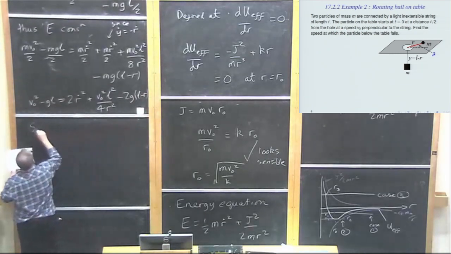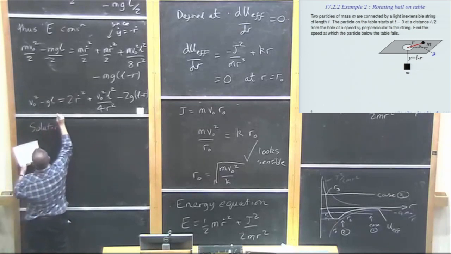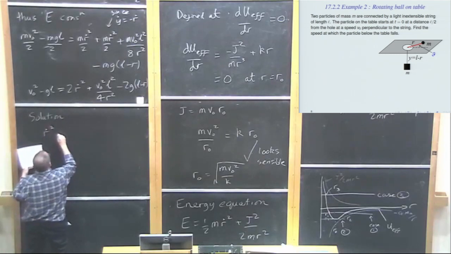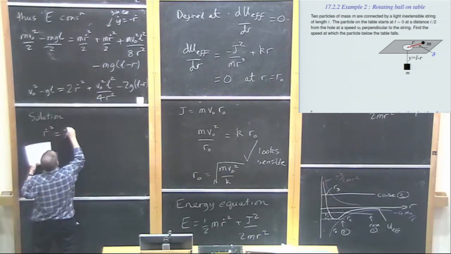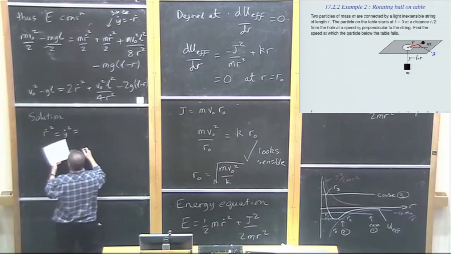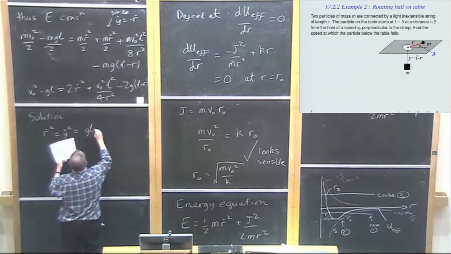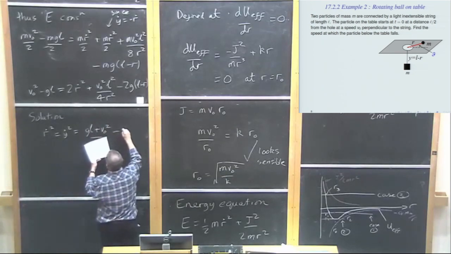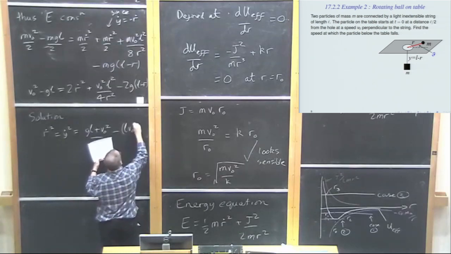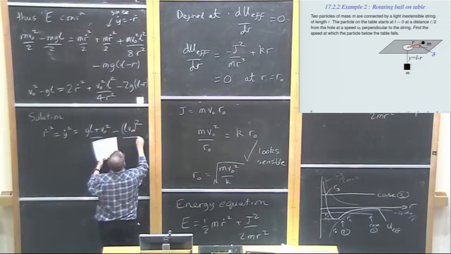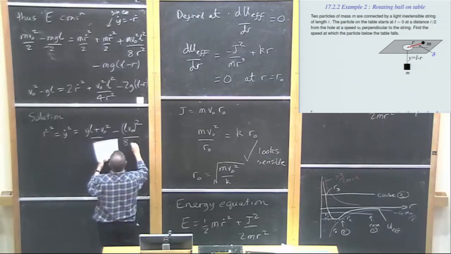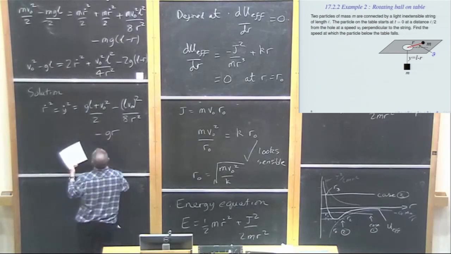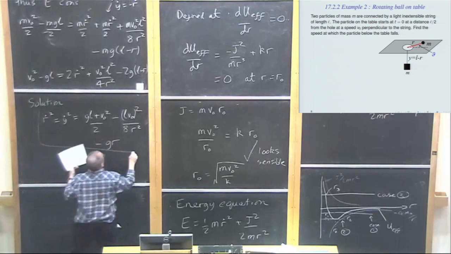And then the solution is that r dot squared, which is the same as y dot squared, I emphasize again, is going to be given by g L plus v naught squared over 2 minus (L v naught) all squared over 8 r squared minus g multiplied by r, I beg your pardon.